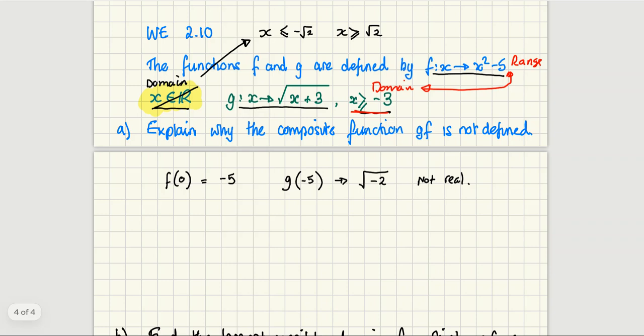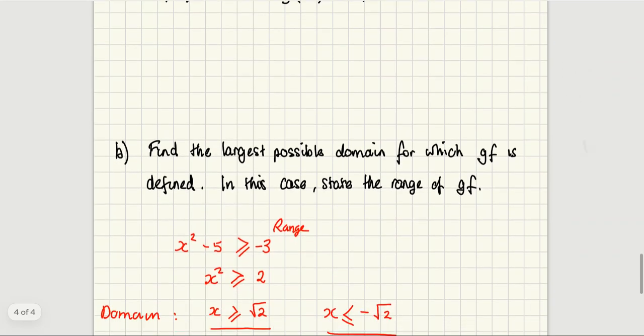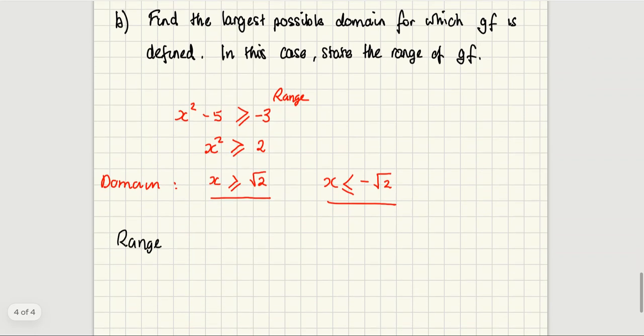So what's the range of values that I could end up with? Zero or larger. Yeah. So the range of gf of x is going to be anything greater than or equal to 0. And that makes sense, doesn't it?